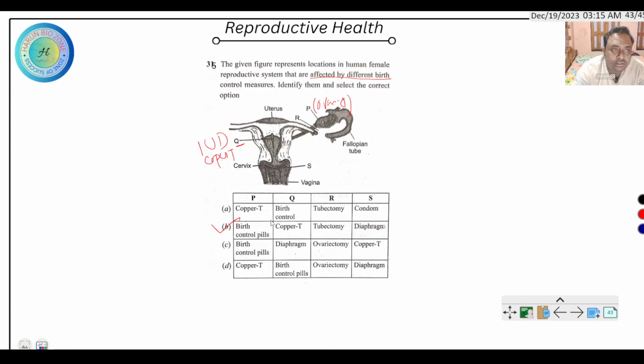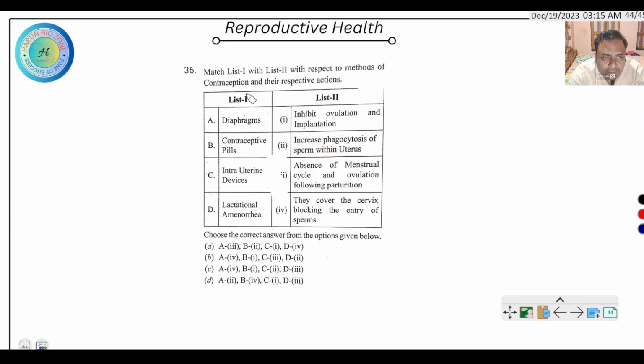Next question, match list 1 with list 2 with respect to methods of contraception and the respective action. What is the diaphragm? Diaphragm is the female condom. Contraceptive pills like Saheli.